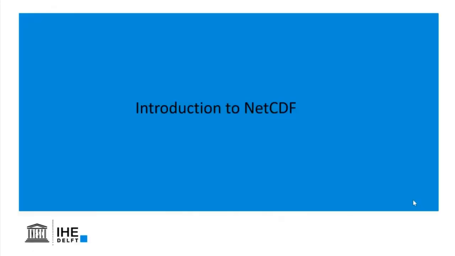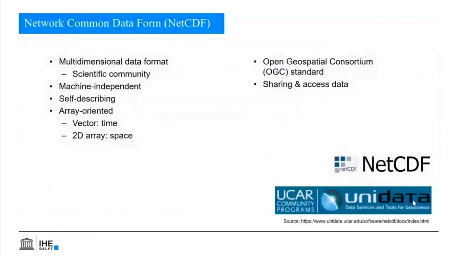So NetCDF is the abbreviation for Network Common Data Form. This is one of the data formats that follow the Open Geospatial Consortium standard, and it's very useful for sharing and accessing data. It's a multi-dimensional format.